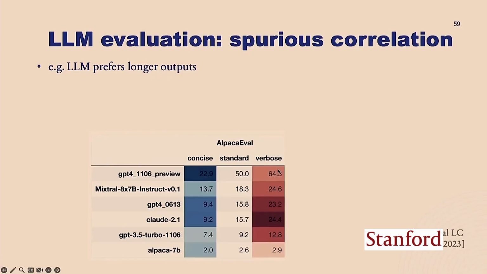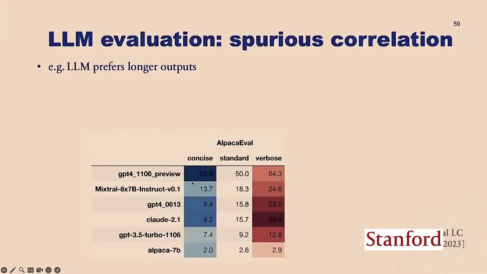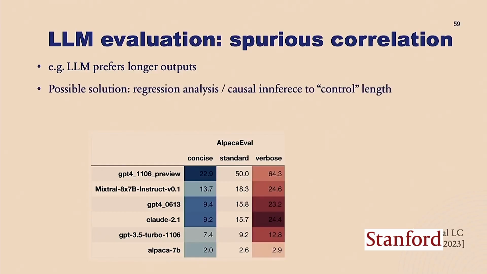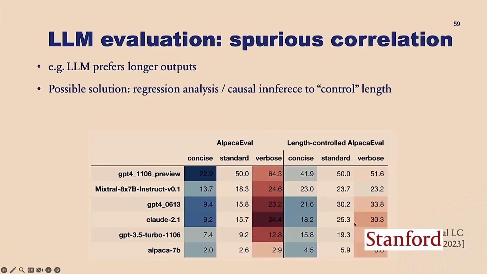So really, there's a huge variance. And if we ask it to be concise, it gets 20%. So there's a huge variance depending on whether you ask it to be concise or verbose. That's very annoying. So one possible solution, which is what we did, is to use some regression analysis. I'm not going to go into details, but basically use causal inference tools to control for length. And right now, length matters much less. If you ask it to be verbose, you still get some gains, but much less.